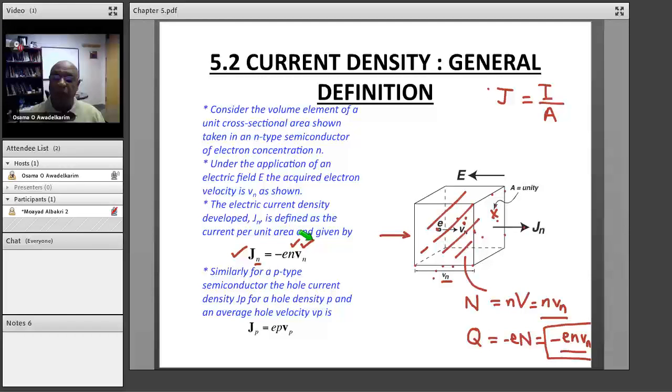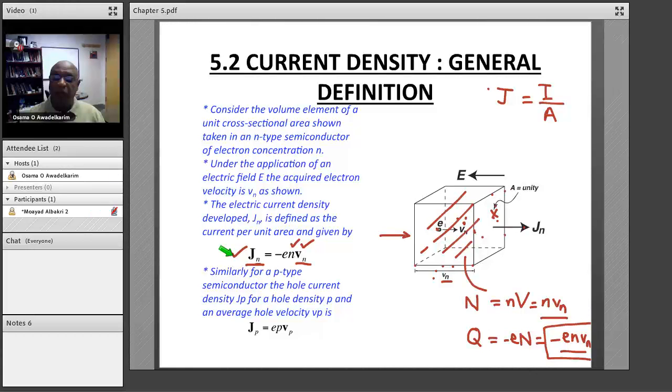Now you see that I'm using bold letters, meaning I have a vector for J and a vector for V. So J is a vector, V is a vector. So the current has a direction, it's a vector, and the velocity is a vector.